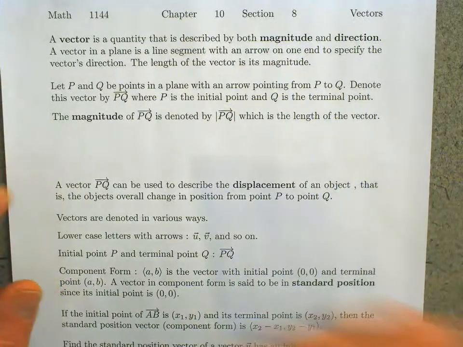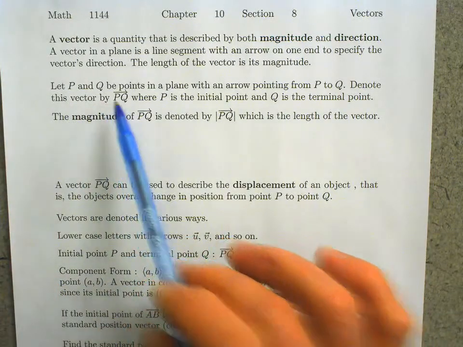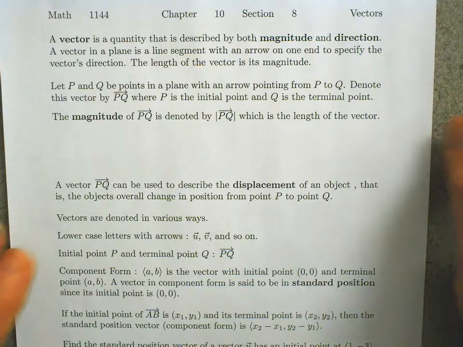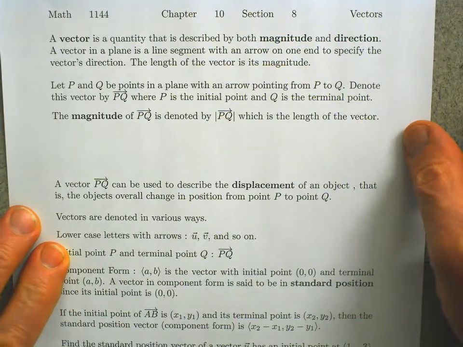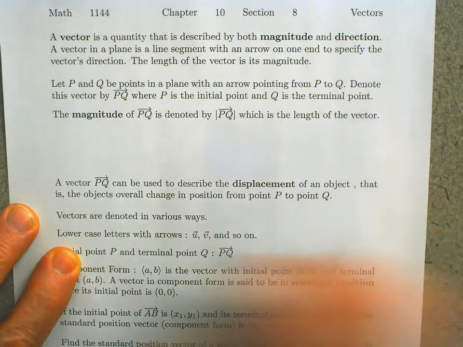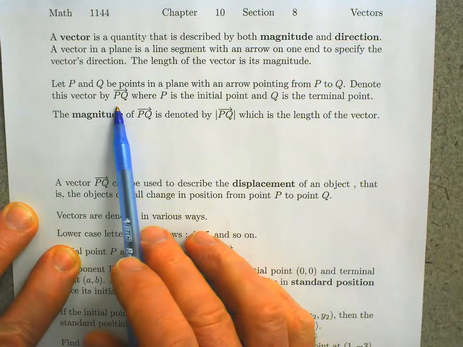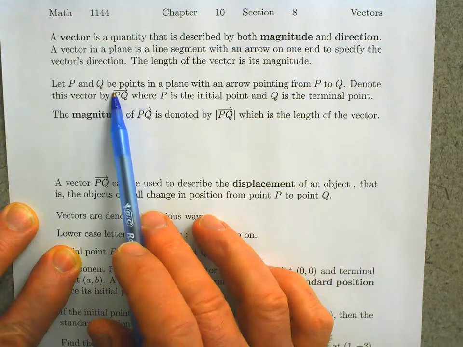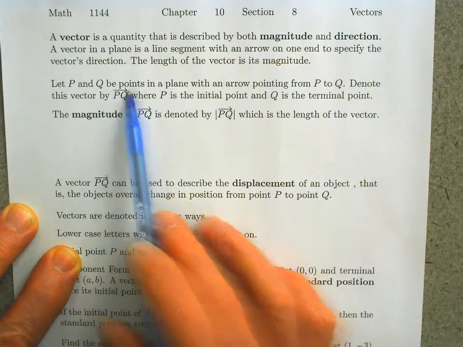So if we let P and Q be points in a plane with an arrow pointing from point P to point Q, then we can denote this vector by writing PQ with a rightward arrow on top.